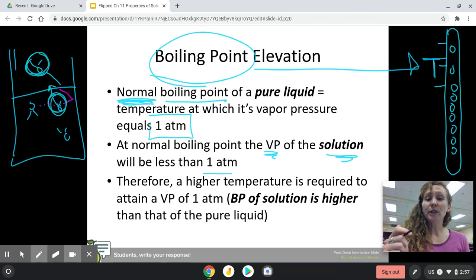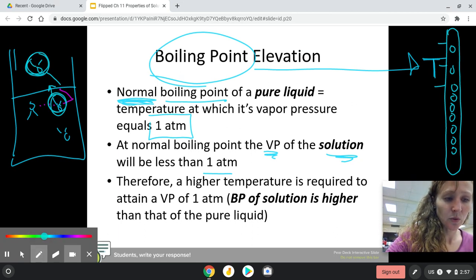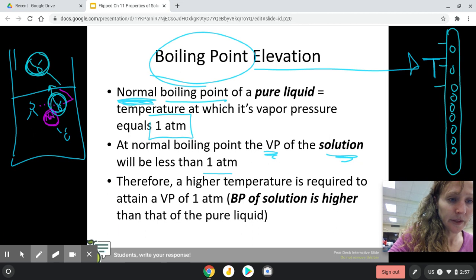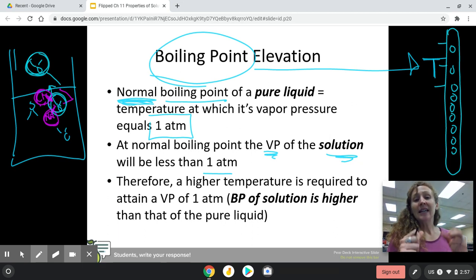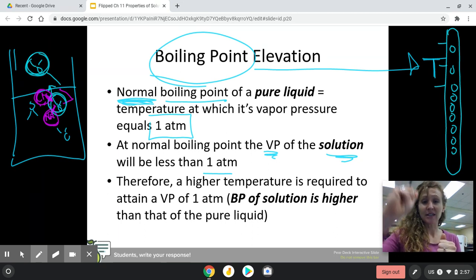Now, when you put a solute in here, just like we did with vapor pressure, like sodium and chloride, they are going to attract that water molecule, so now the water molecule needs even more energy. It needs even more motion, even more temperature to break that attraction and escape into the gas phase.